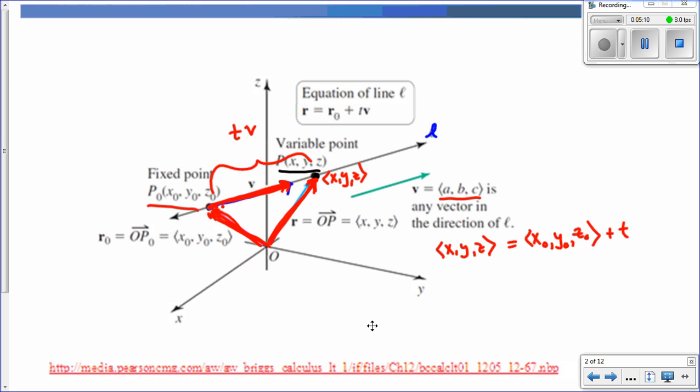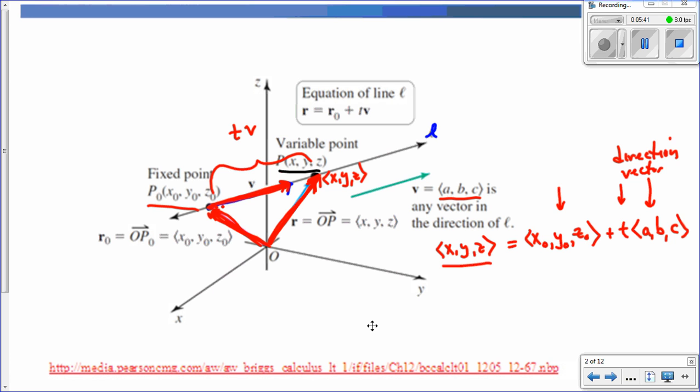So they may give us the vector that's parallel to the line, and we'll just use that particular vector. So a, b, c is our direction vector, which is parallel to the line. We're taking a multiple of that plus that initial point that we know is on the line, and that's going to give us this vector that actually points to another point on that line. So this is the general form for an equation of a line in space.